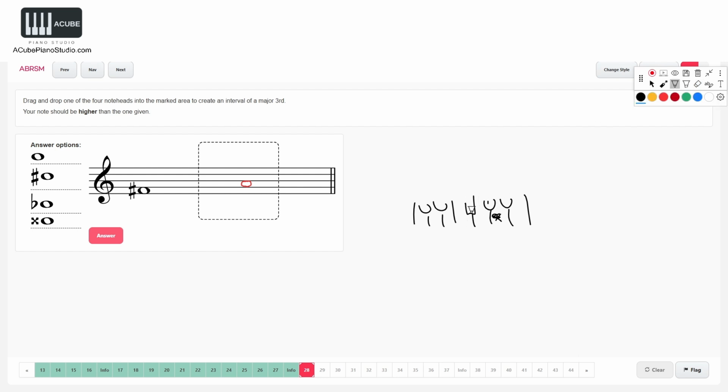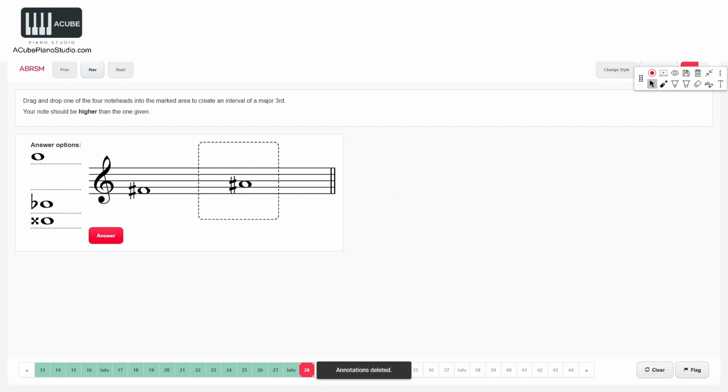This is F sharp, right? So this is F major, you have A. Now, if I have F sharp major, in order to have a major third, I go higher by 1 semitone. So here also go higher by 1 semitone. So you should have A sharp. So I will take the sharp and then put it at A. Okay, so this is the answer.